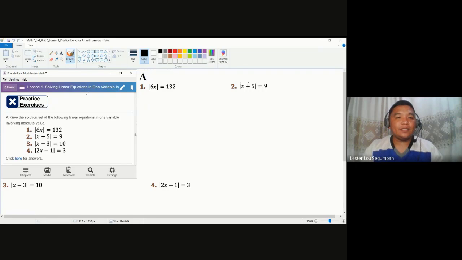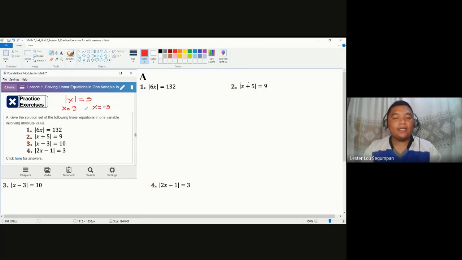In this given situation, before we proceed to number one, if we have the expression absolute value of x is equal to 3, the possible values that will satisfy this equation are that x can be positive 3 or x can be negative 3.